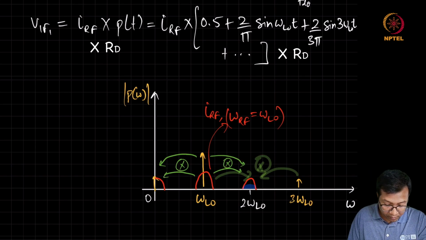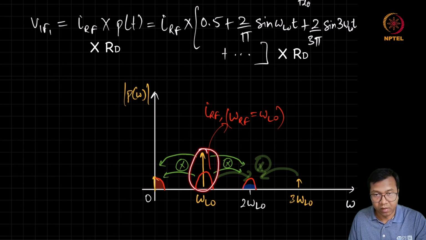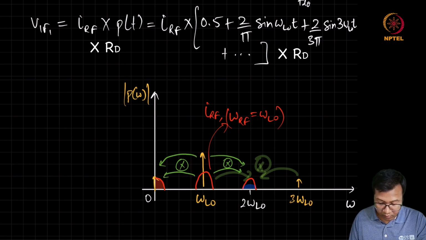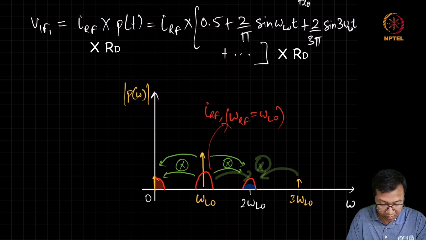But if we observe the useful component at the IF, in our case, the IF frequency is the same as the DC frequency, it is going to be only coming from this fundamental. And all the other spurious components are going to be away from this desired baseband frequency.